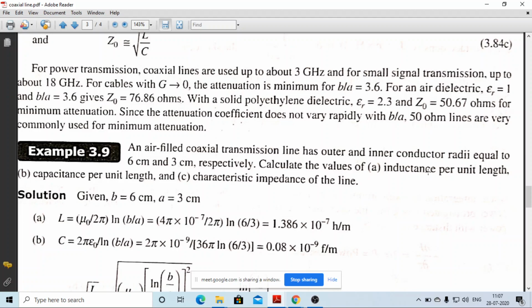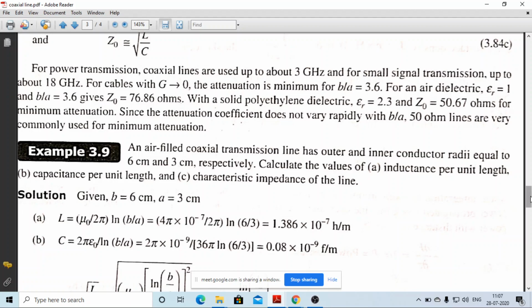Calculate the value of inductance per unit length. Since we are in a distributed network, either the transmission line or coaxial cable, this is all distributed type, and in distributed type the meaning of L is inductance per unit length, the meaning of C is capacitance per unit length, and R and G are resistance and conductance per unit length respectively.